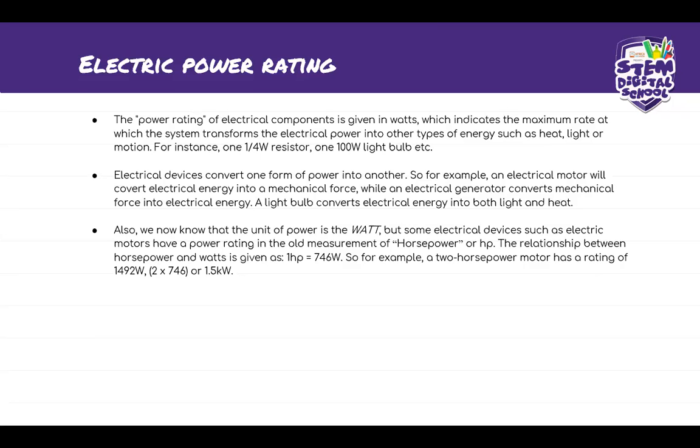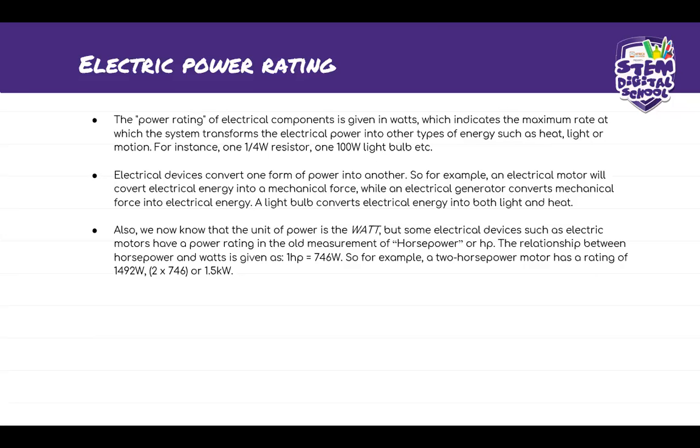Okay, so now we move on to the electric power rating. What an electric power rating is, usually if you check behind your toaster, your iron, and all these small electrical devices, your hair dryers, you will see there's always a rating there.